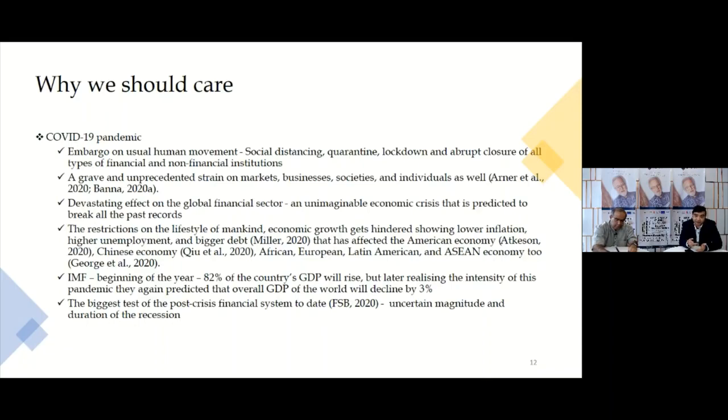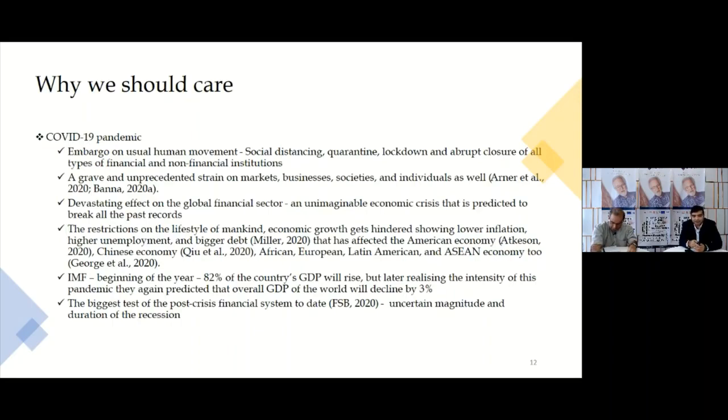Even economists are predicting this will be worse than the previous one. Due to COVID-19, there are restrictions on the lifestyle of mankind. That's why economic growth gets hindered, with high unemployment. It started in China, but later on it affected Europe, Africa, America, Latin America, and ASEAN as well.